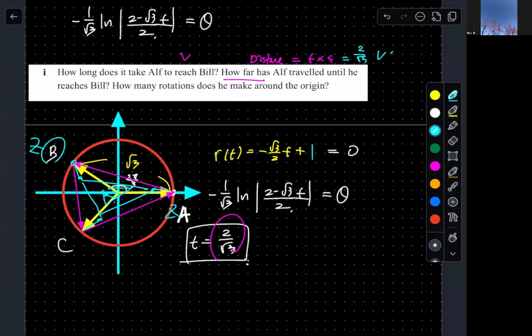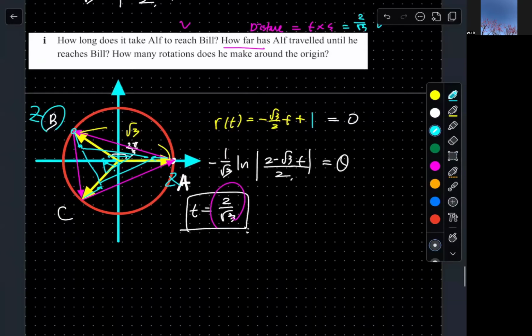And it says how many rotations does it make around the origin. So, well, if I try to go with t to be 2 over root 3 in my logarithmic function, I got negative 1 over root 3 ln of 0, because 2 minus root 3 times 2 over root 3 over 2 will give you 0.